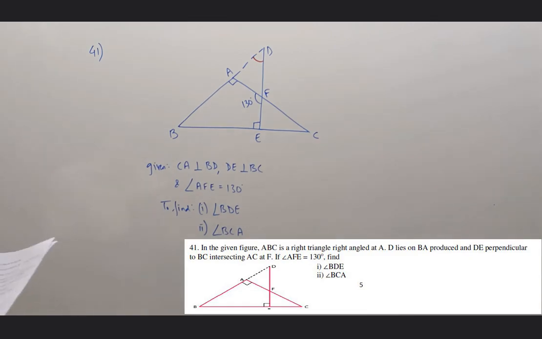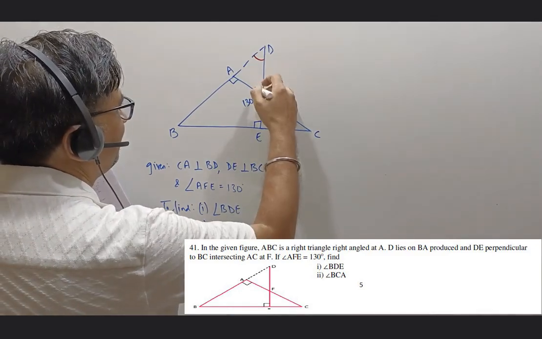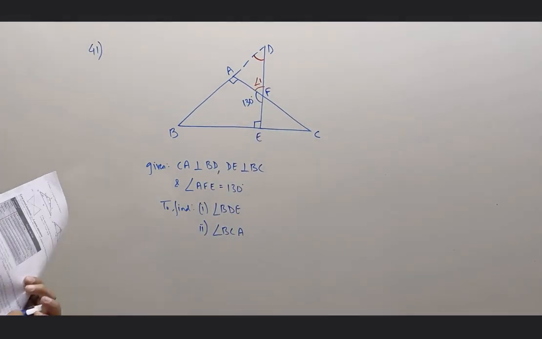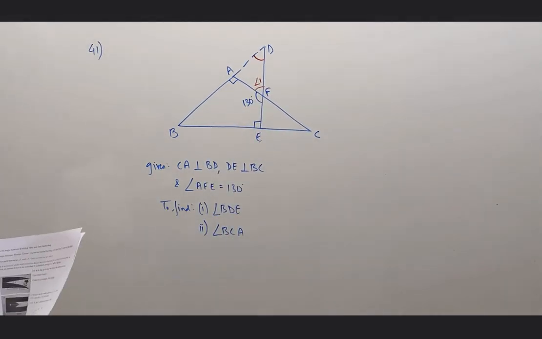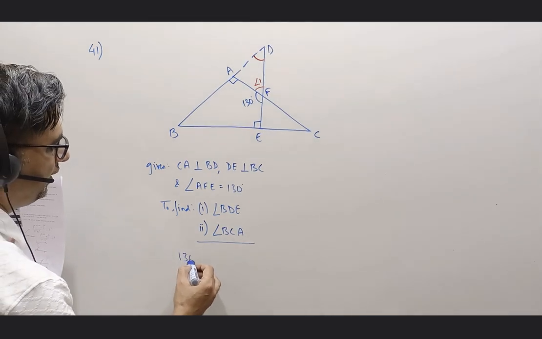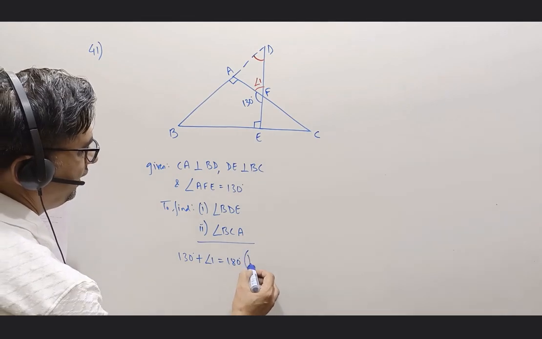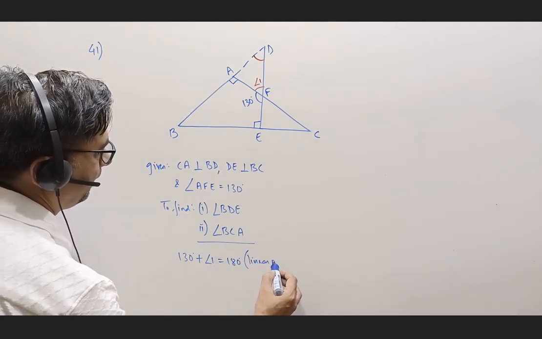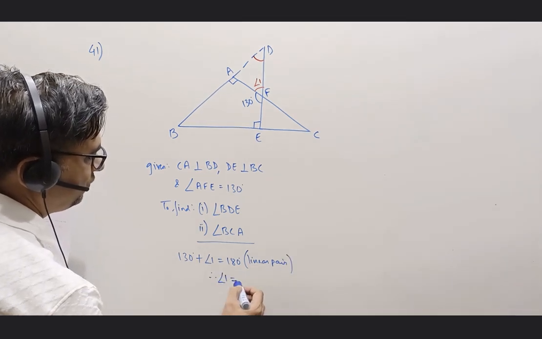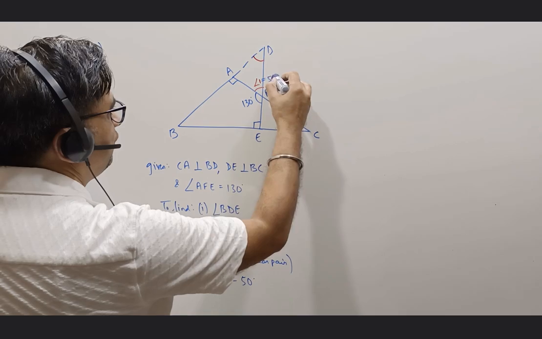So see, in this case, if I mark this as angle 1, can I say that 130 degrees plus angle 1 is equal to 180 degrees, linear pair? And therefore, angle 1, if you transpose, comes to 50 degrees. So angle 1 is coming to 50 degrees.